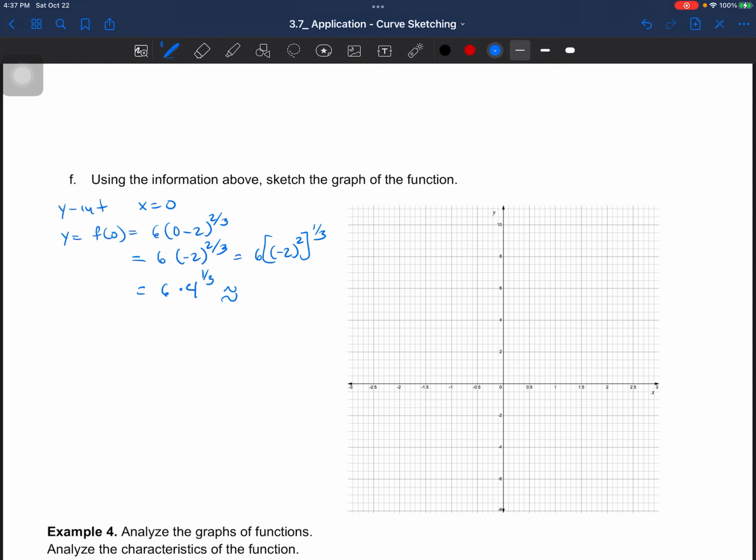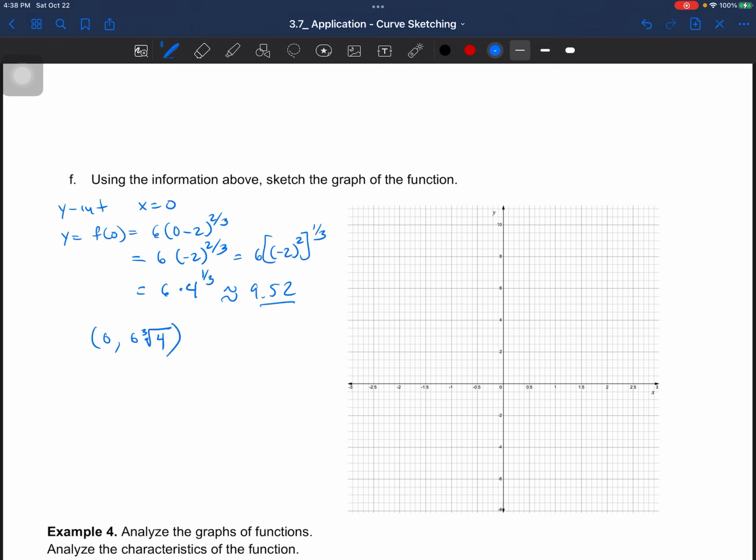So this is equivalent to 6 times 4 raised to the 1/3. So roughly, just to be able to use this number, it's roughly around 9.552. But we're technically using 6 times 4 to the 1/3. Remember, this is just an approximation.